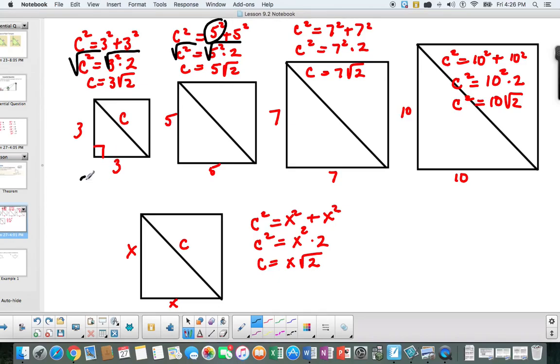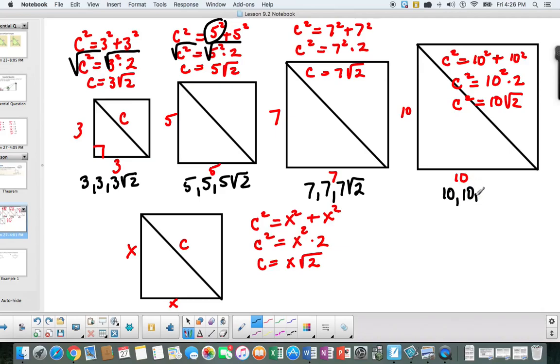In this right triangle I have a 3, and the hypotenuse is 3 root 2. In this right triangle, I have a 5, and the hypotenuse is 5 root 2. Over here, we can see the same thing is happening. If two sides of a right triangle are exactly the same, then the hypotenuse will be root 2 longer.